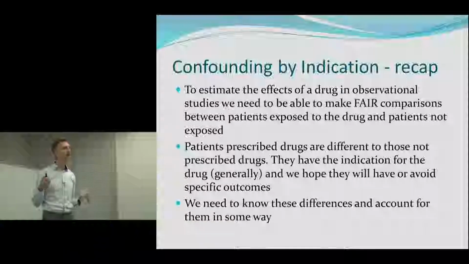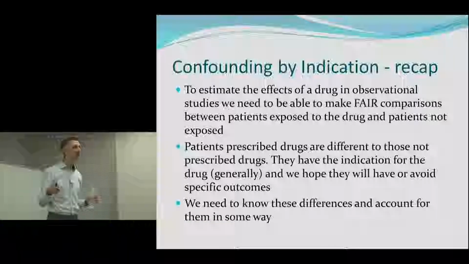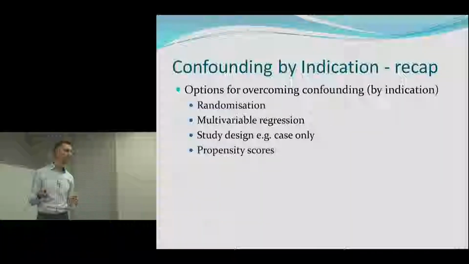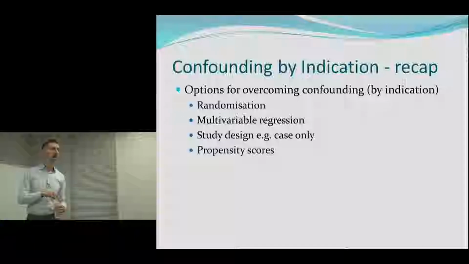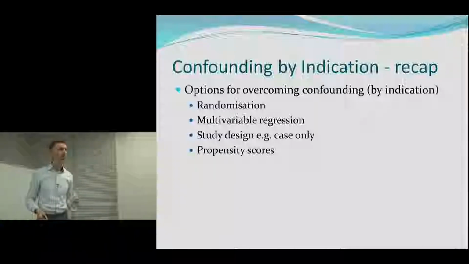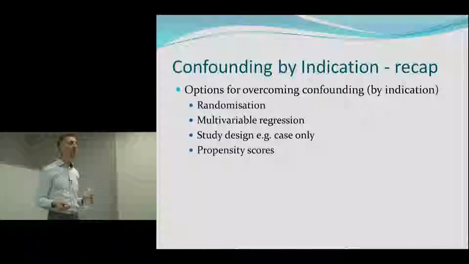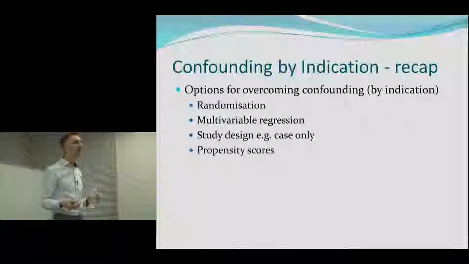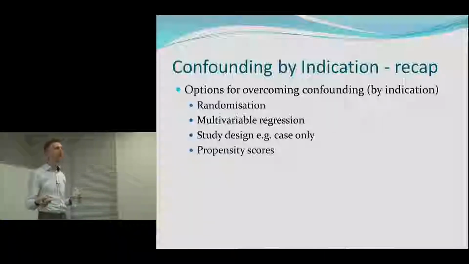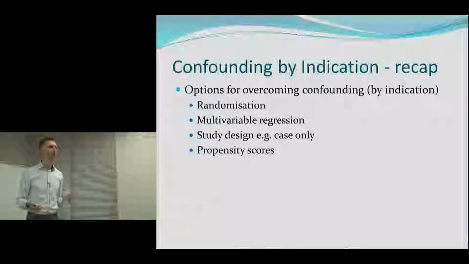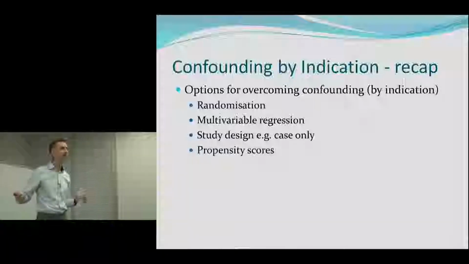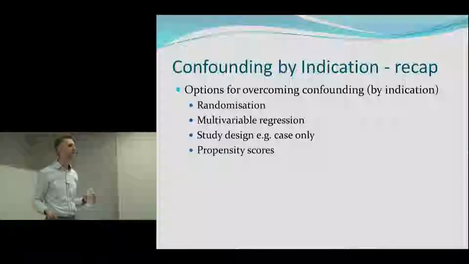We need to try and account for those differences as best we can and then do our analysis. So options for overcoming confounding of any kind are randomization, as we know, multivariable regression. We could use a case-only approach, as we talked about earlier, or we could potentially use propensity scores. There are other methods too, but these are four of the most common.